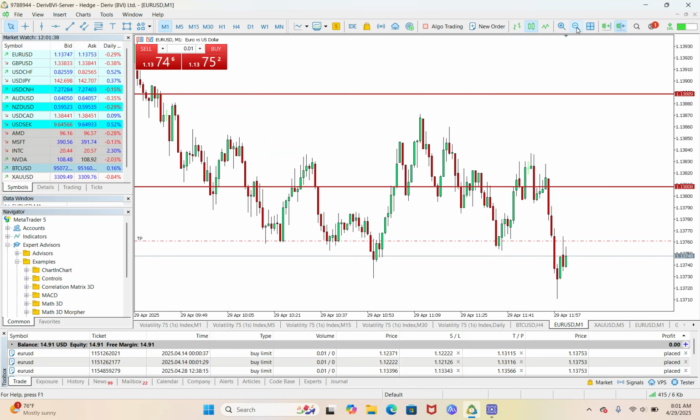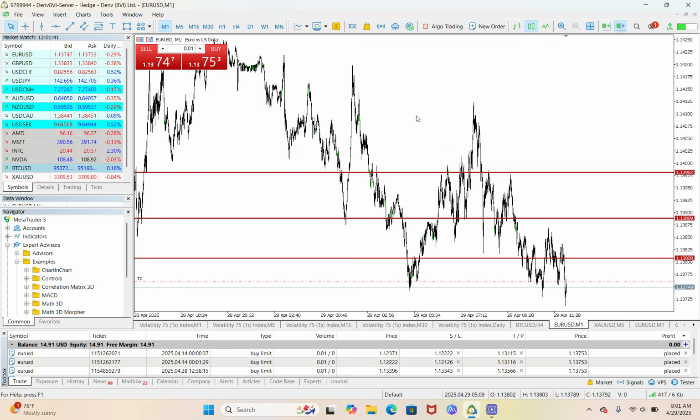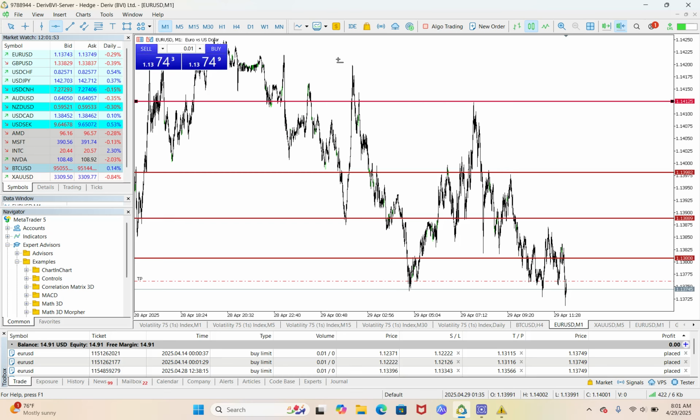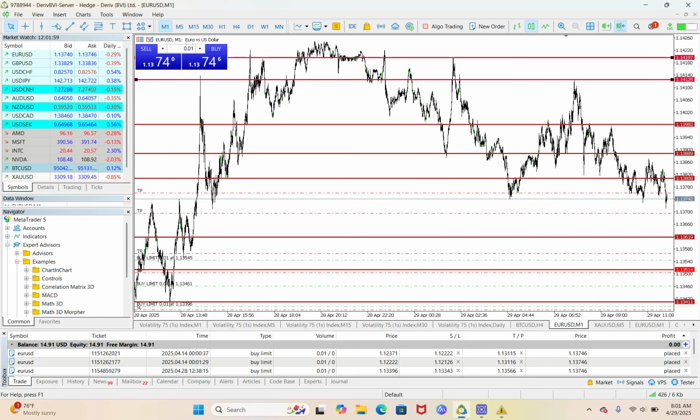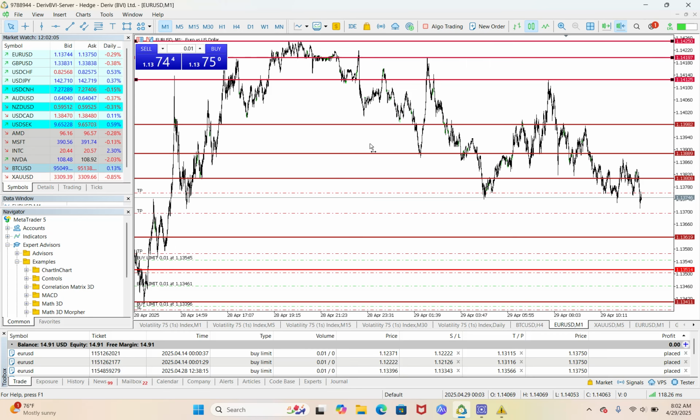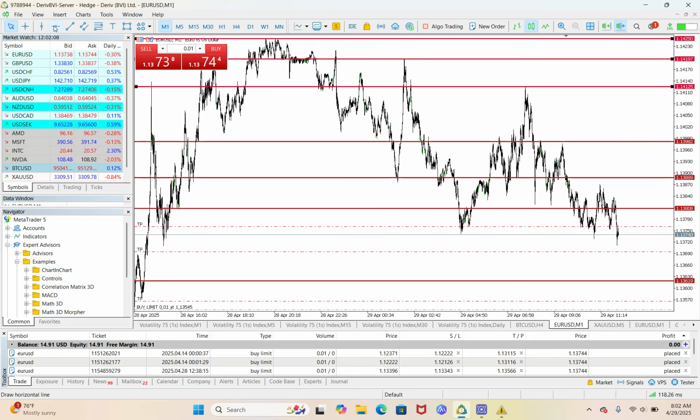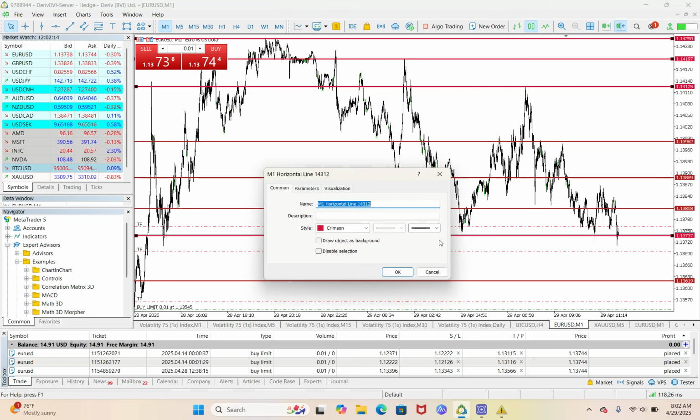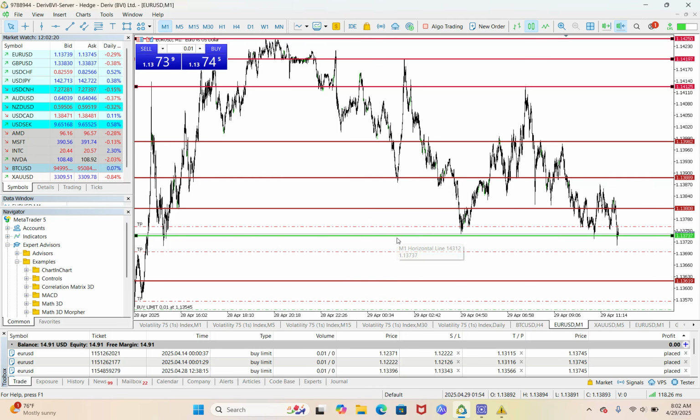I'm gonna zoom out my chart, and I want to draw some lines on the highest point where the market has been before, just to use that as a reference to see where the market is going to move to.